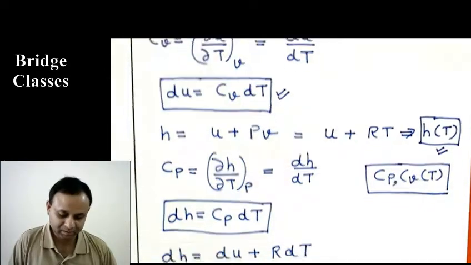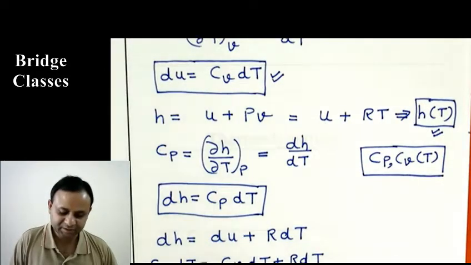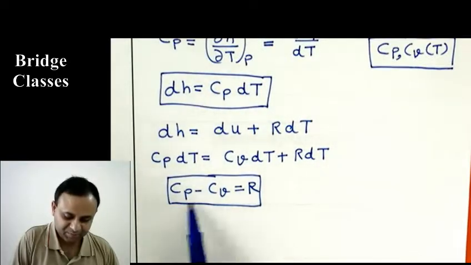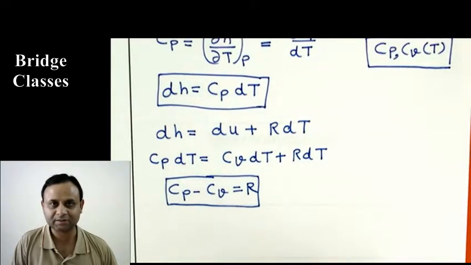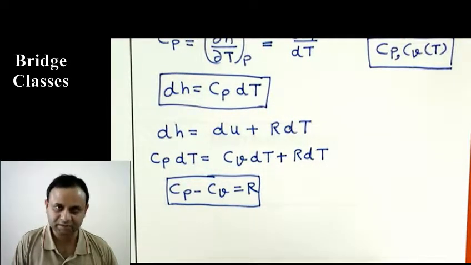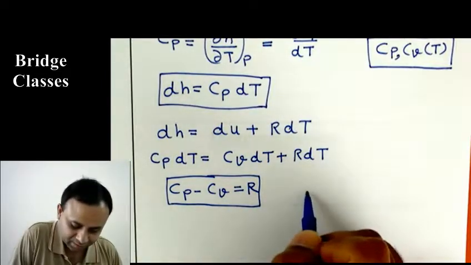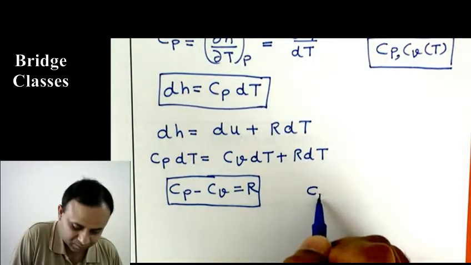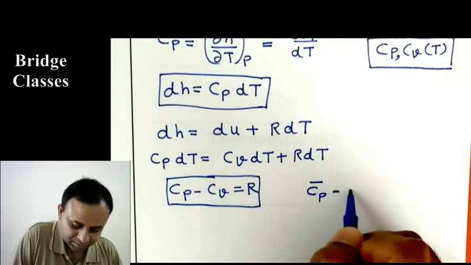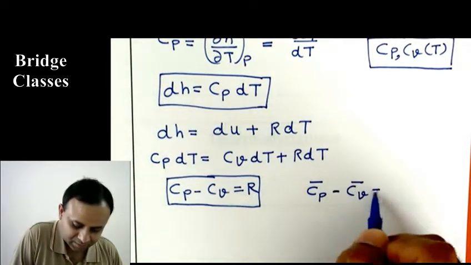And you get dH is Cp dT, and Cp minus Cv is R. We get a relation between Cp and Cv. Or alternatively, you can write this in this form also: Cp bar minus Cv bar is R bar.